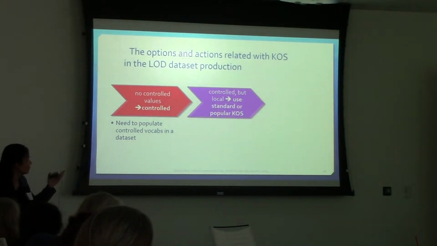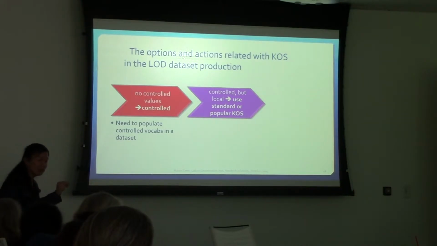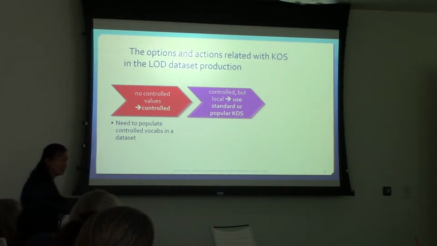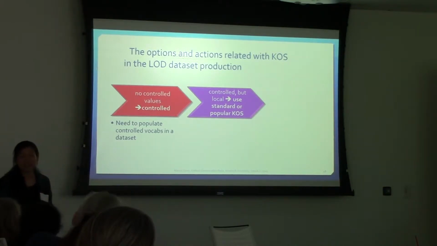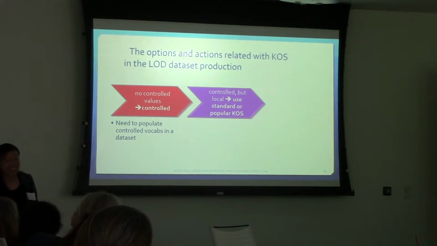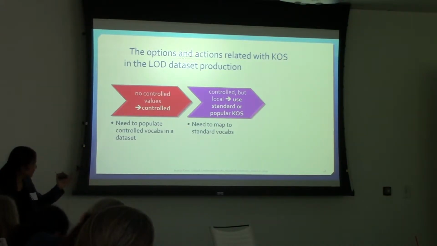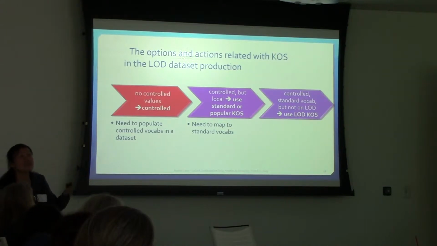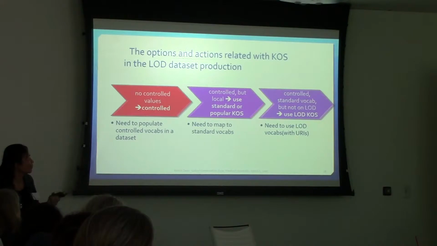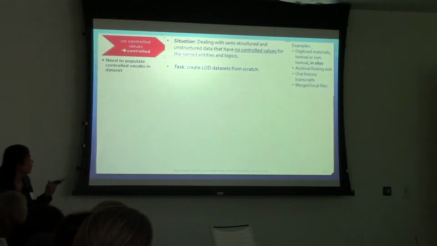The second is, now I have names, people, or places, or concepts. What else? You need to use standardized or popular vocabularies, not just your own, right? You need to map to the standard. Then the third is that, yes, I have a controlled vocabulary, I have a thesaurus, but it's not linked data. So the third thing is we need to use linked open data to do this.